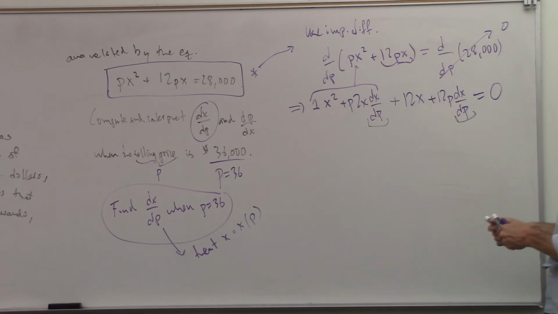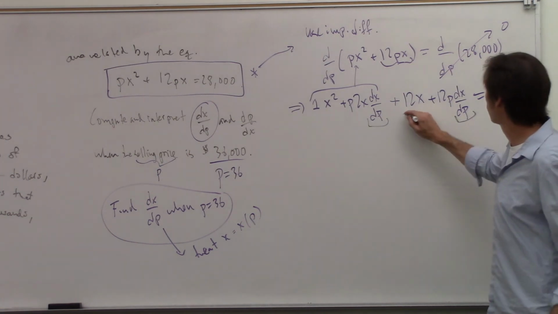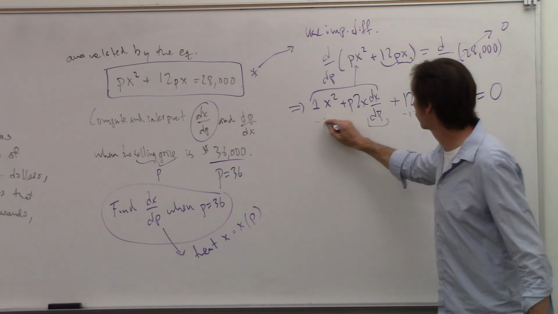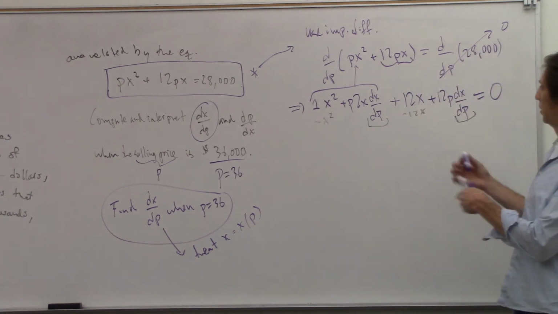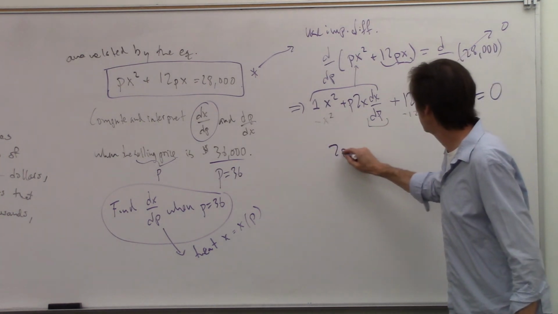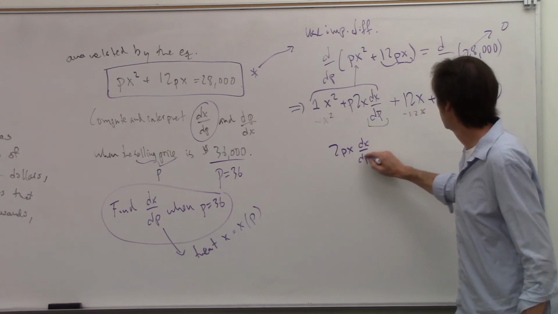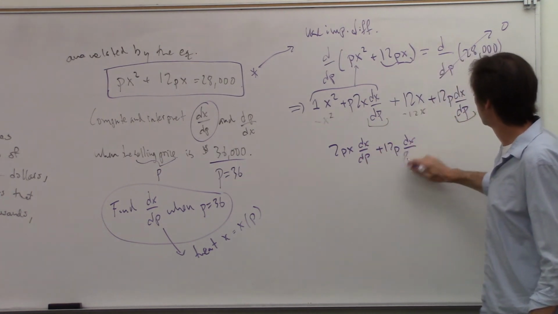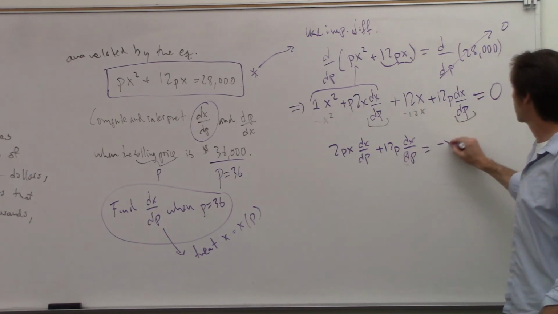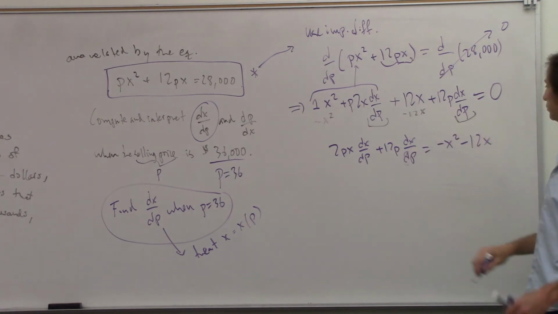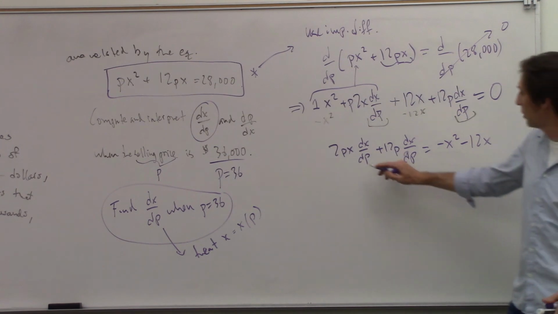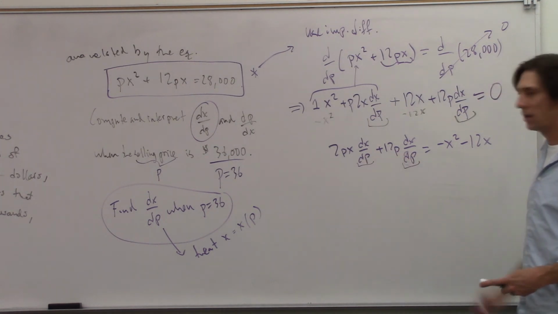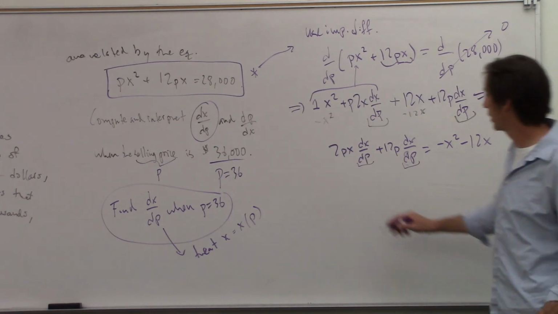So let's isolate that. We subtract 12x from both sides, subtract x squared from both sides. That gives us 2px dx/dp plus 12p dx/dp equals minus x squared minus 12x. Each term on the left-hand side now has a dx/dp in common, so we factor it out.